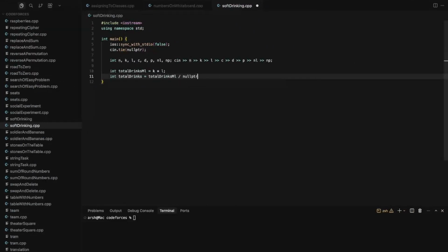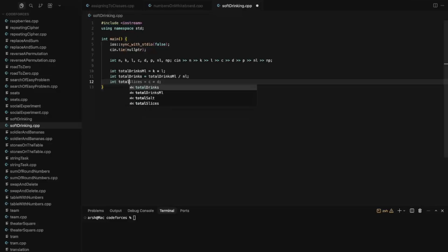So NL, not null pointer, just NL. Once that is done, we will count our lime slices. Total slices would be C times D, C being the number of limes they bought, and D being the number of slices they cut each lime. Since each drink needs one lime, that is basically it.